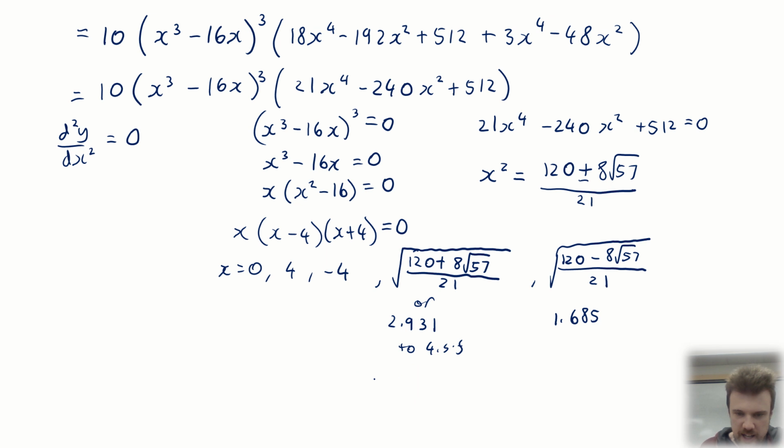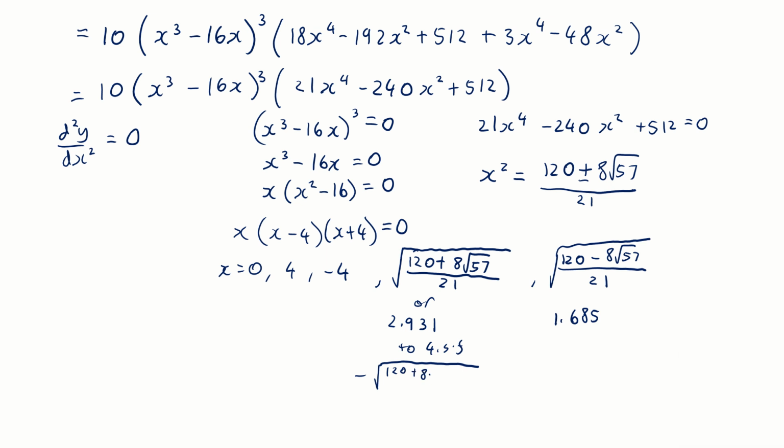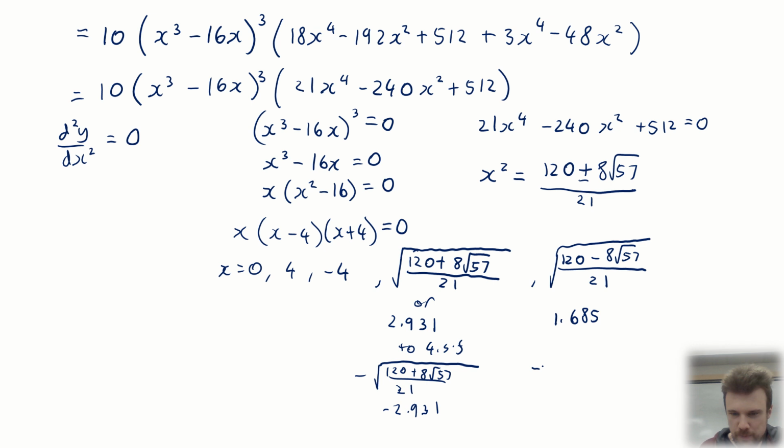And, of course, we've also got minus root 120 plus 8 root 57 all over 21, which of course is minus 2.931, and then we've also got minus root 120 minus 8 root 57 all over 21. Sorry, my handwriting's going to pot here. Doesn't really matter. So that's minus 1.685 to 4 significant figures.